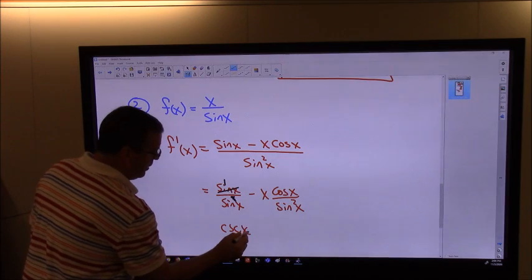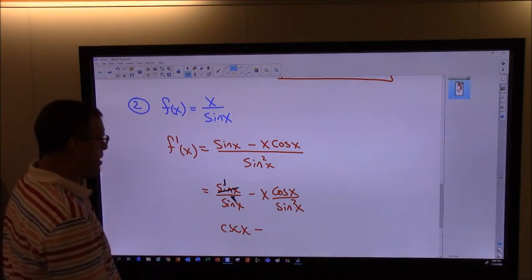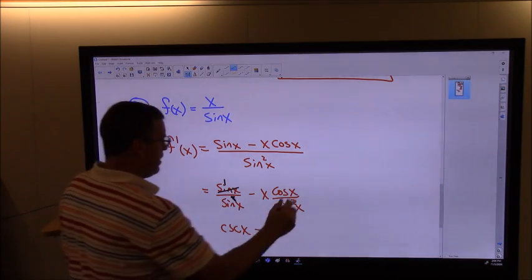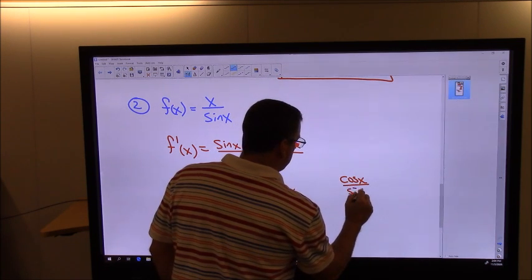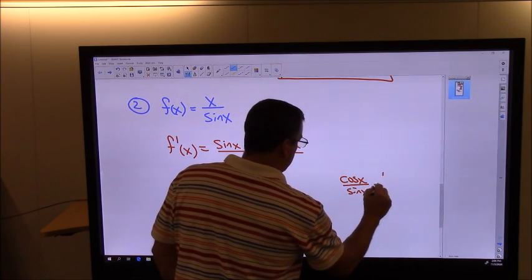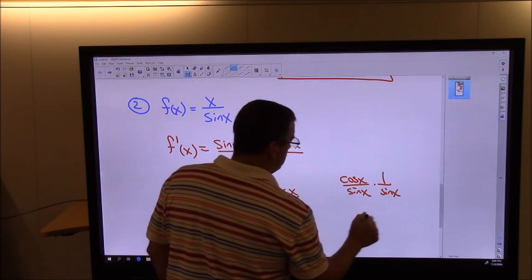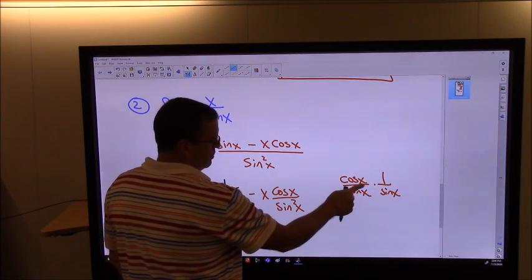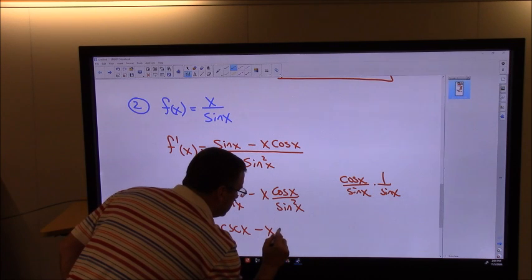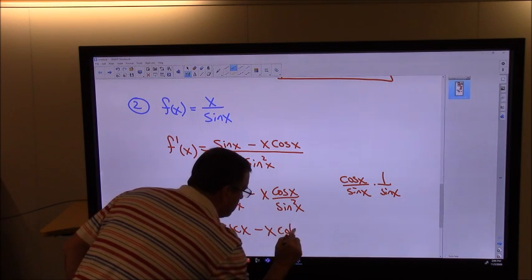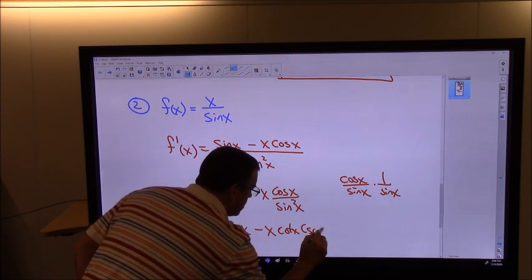Now can I do anything with this? Maybe. I could think of that as a cosine of x over a sine of x times 1 over sine of x. That's a cotangent times a cosecant. So it's cosecant of x minus x cotangent of x cosecant of x.